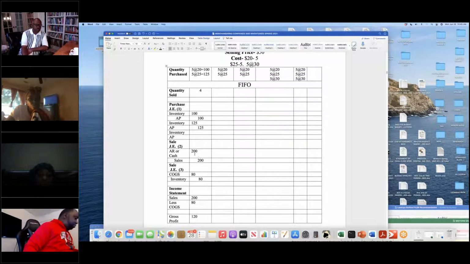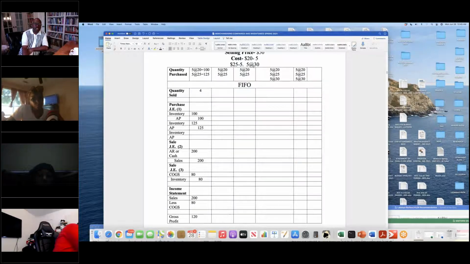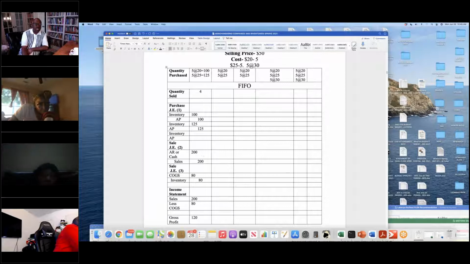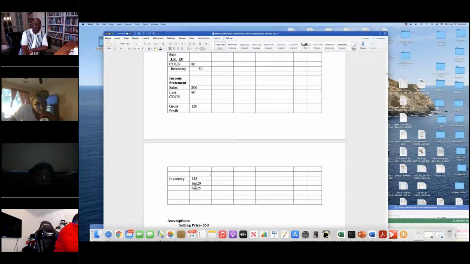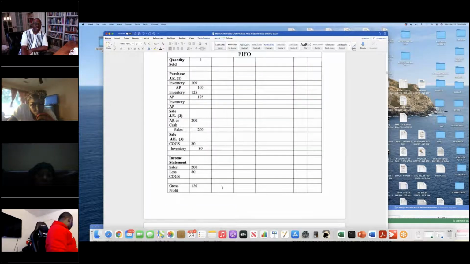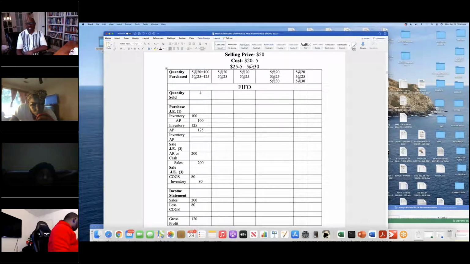So when we sell the 4, it's 4 times 50, gives us 200. But our cost is based on the 4 that cost 20 being sold. So 4 times 20 is 80. This is how our income statement looks. Sales less cost of goods gives us gross profit. And in inventory, we got $145, 1 at 20, 5 at 25. Everybody still ready to run the shoe store?